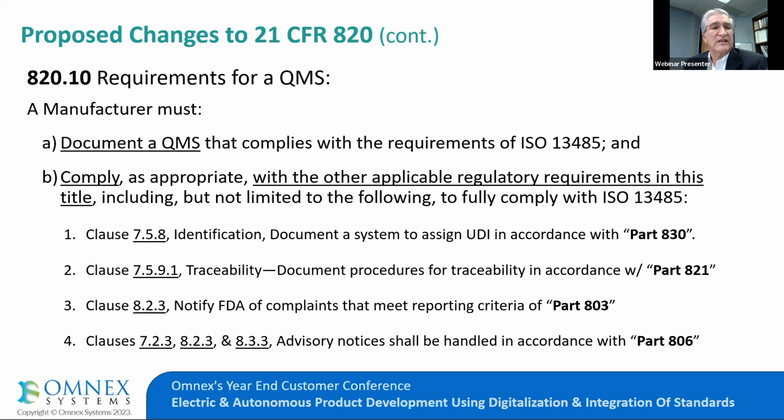Okay, starting with the document itself, paragraph 10, requirements for quality management system. Manufacturer must document a quality management system that complies with 13485. It must comply as appropriate with other applicable regulatory requirements in this title, which title is 21 CFR 820. So it needs to cover both.